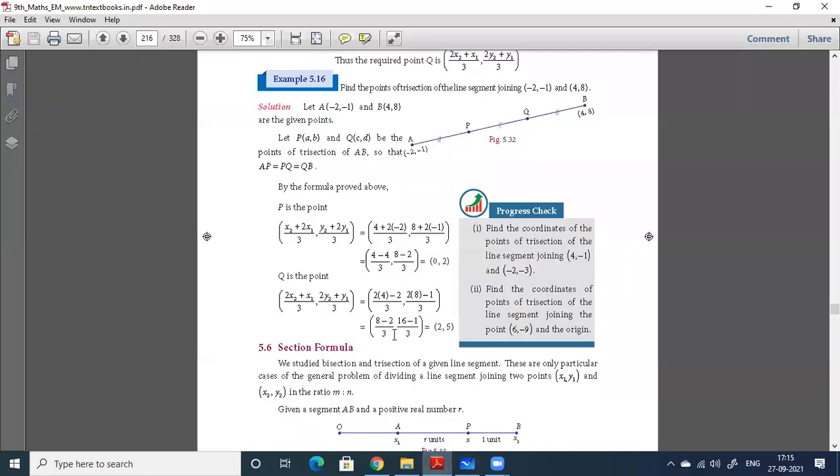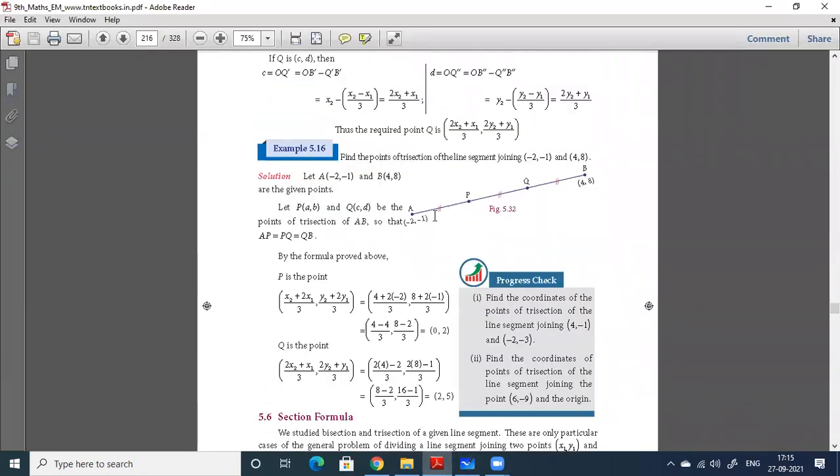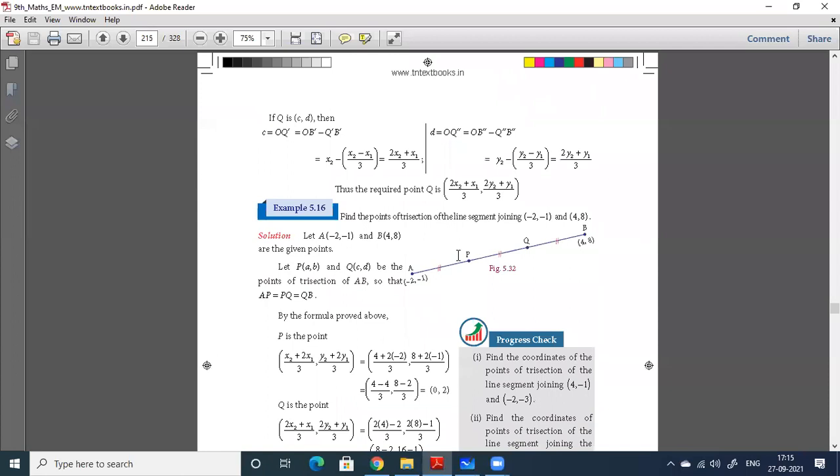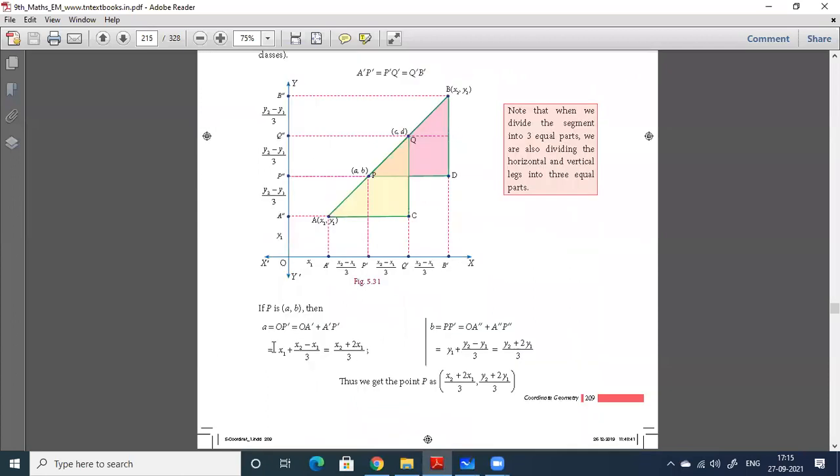This is the first point that we found out, the P point: ((x2 plus 2x1) by 3, (y2 plus 2y1) by 3).